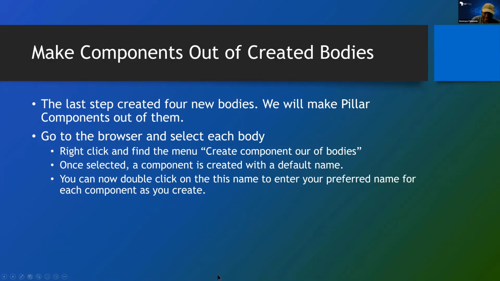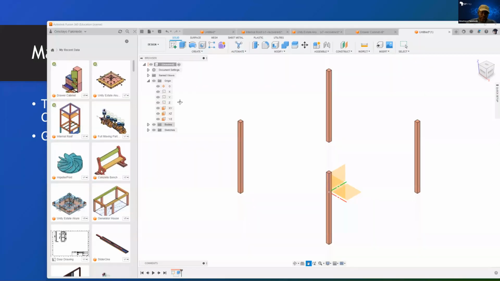So let us go back again to the Fusion 360 graphics, and then let's continue from where we stopped. You see here on the browser, this is where all the bodies you have created are located. If you expand this arrow, you will see that it has body 1, body 2, body 3, body 4.